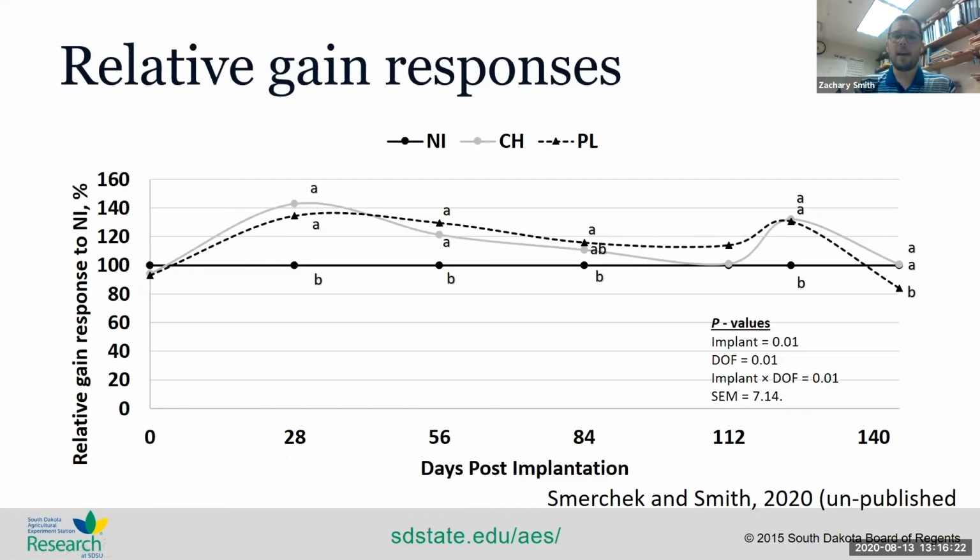And Dathan and I, my current grad student, we've demonstrated this again, looking at relative gain responses throughout the feeding phase. This was interesting because a choice is half of a plus. And at least for 140 days, about 120 days, we had improvements in gain over the negative control cattle.